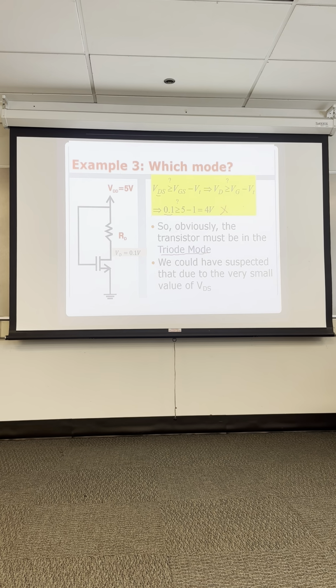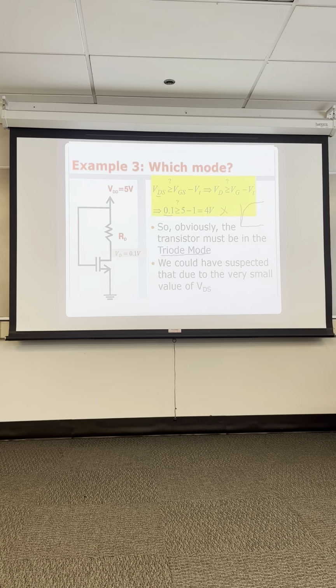And remember the curve of the MOSFET, something like this. So a drain to source voltage of 0.1 would put drain to source here. And then we had a cutoff for triode and saturation here.